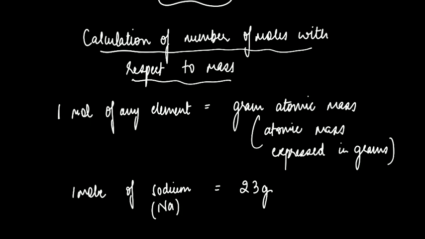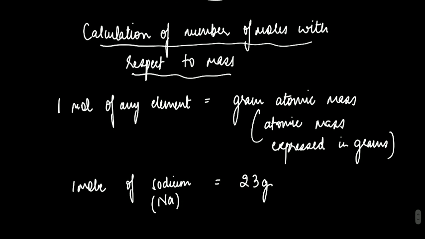Definitely, it's very risky to even keep sodium outside. It's highly reactive. It can react with oxygen, and we should never put it in water. Though it makes a sound like a firecracker, but still. If we have 23 gram of sodium in the lab, that quantity is called 1 mole.